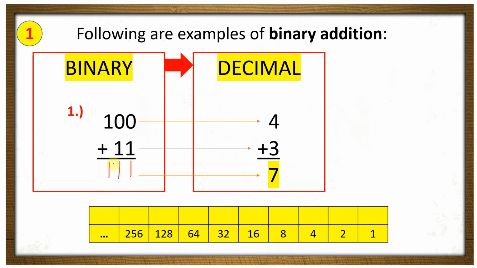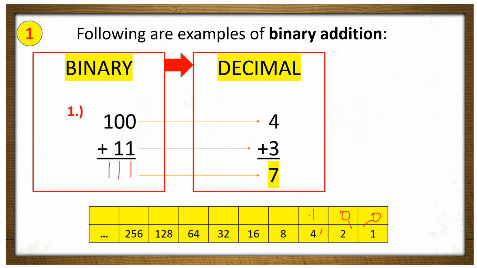To check, the conversion from binary to decimal is this one. Look at the table here. The 0, 0, and 1 is equal to 4 since 1 is off, 2 is off, and 4 is on.